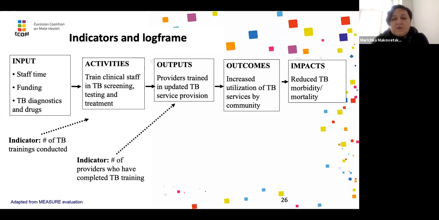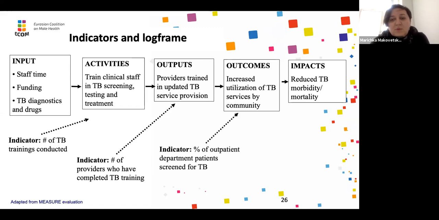Then if you talk about outputs, you may have providers trained in updated TB service provision. A good indicator here will be the number of providers who have completed TB training. So you will focus only on those who finished this training.